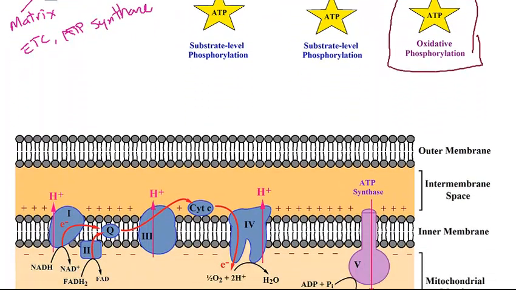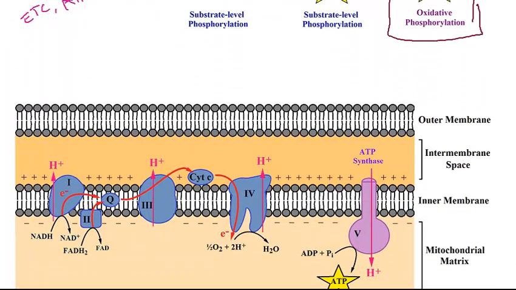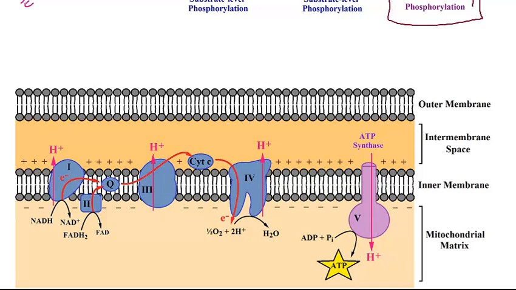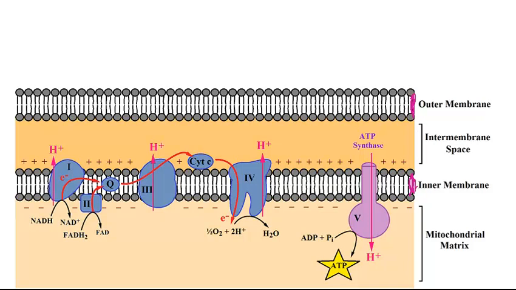Right, so now here I have a drawing of the electron transport chain for you. Here we have the outer mitochondrial membrane, the inner mitochondrial membrane. The space between the two is called the intermembrane space, and the space bounded by the inner membrane is called mitochondrial matrix.